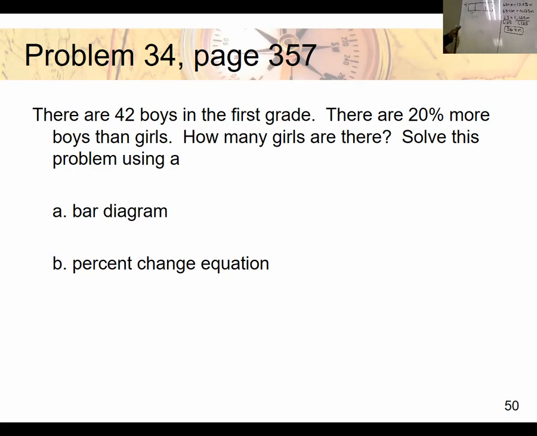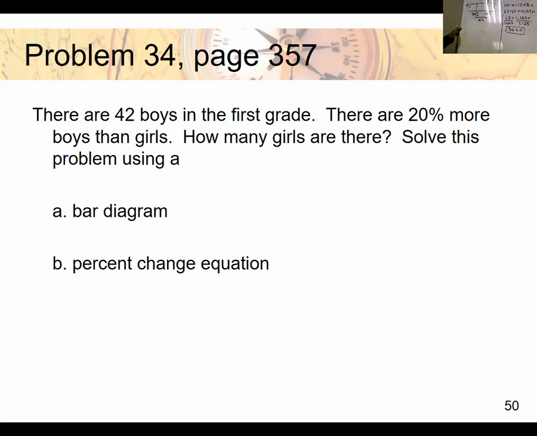All right, so if we were to do a bar diagram for this, let's see here. There are 42 boys in the first grade. Okay. Let's say this is 100%, because this shows that there are 20% more boys than girls. So from here to here, there is an increase of 20%.